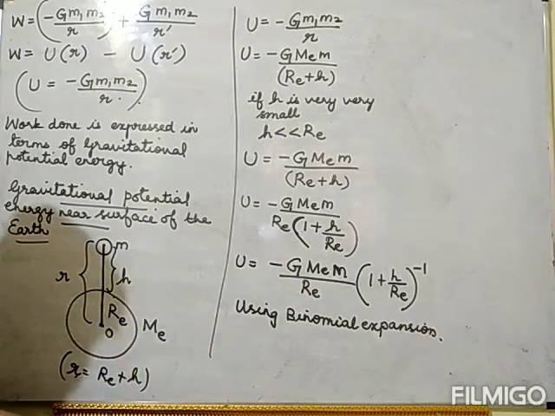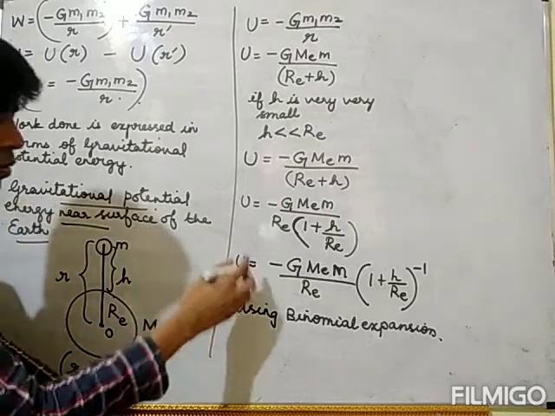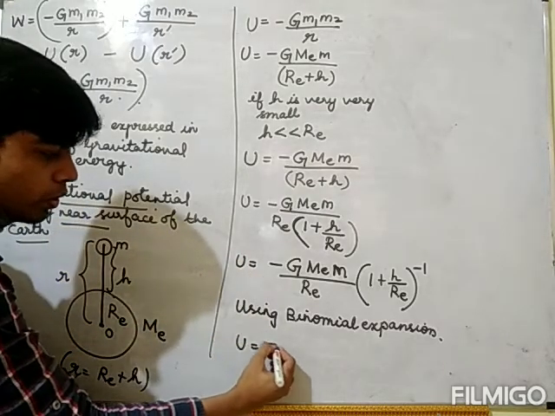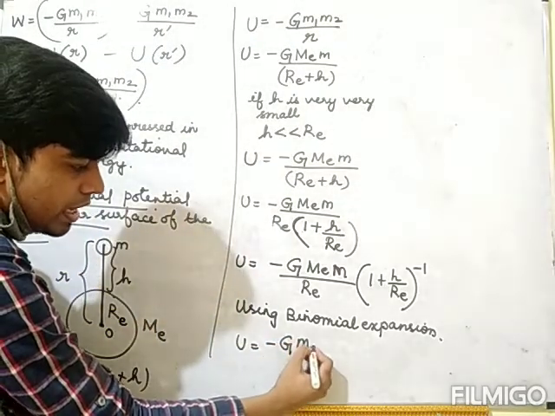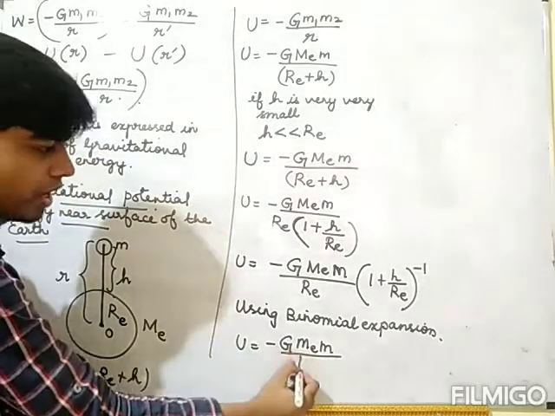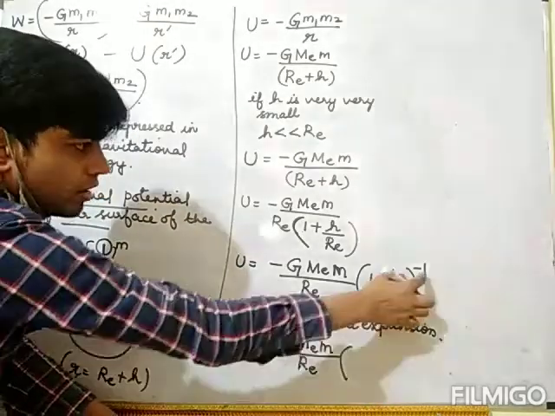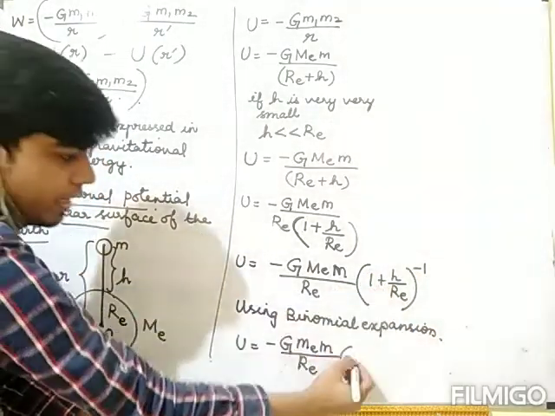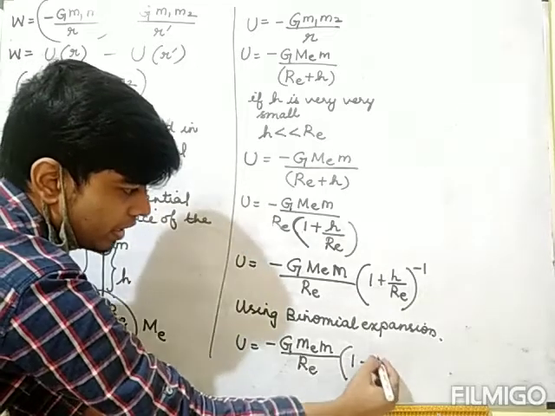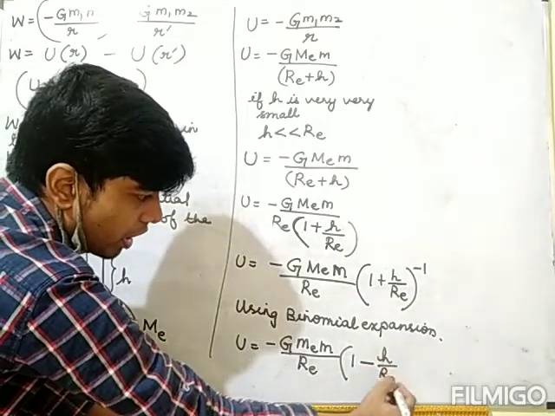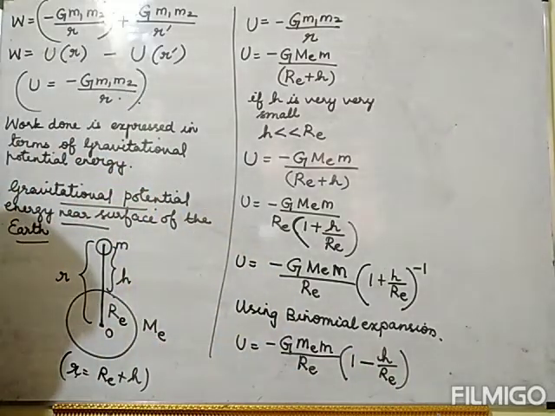When you use this binomial expansion, what will happen? U is equal to minus G Me into M divided by Re. This minus 1 will be multiplied here, so I will get 1 minus H by Re.